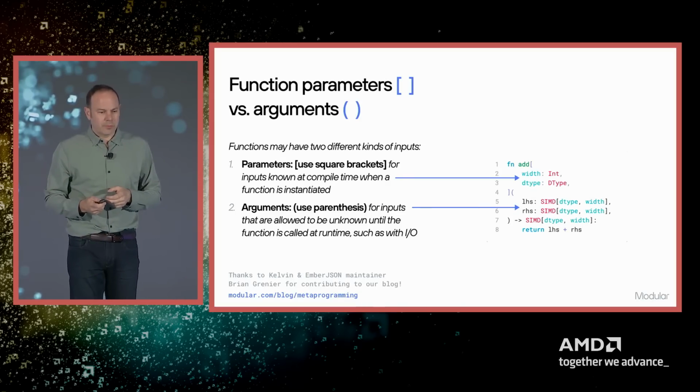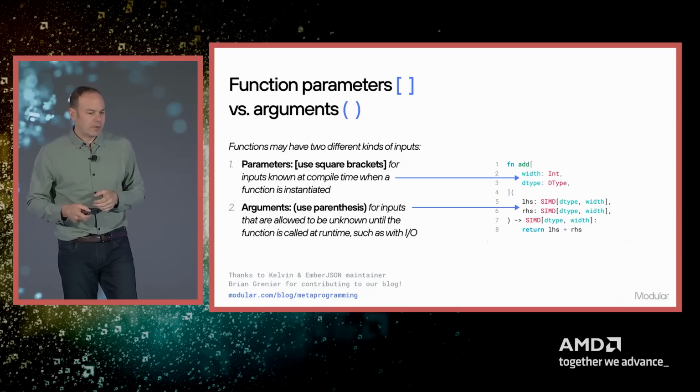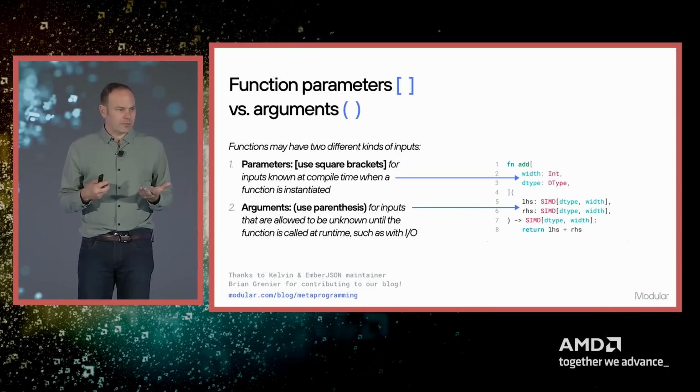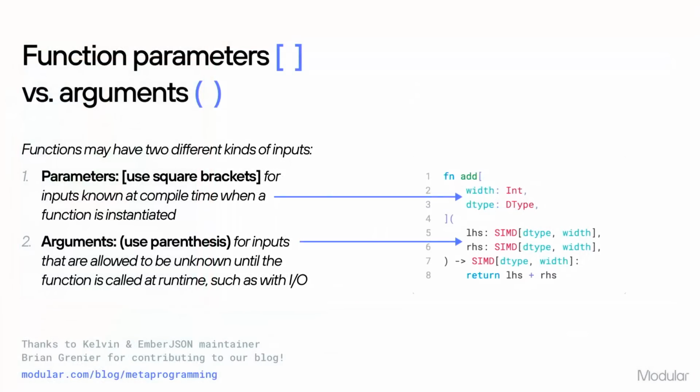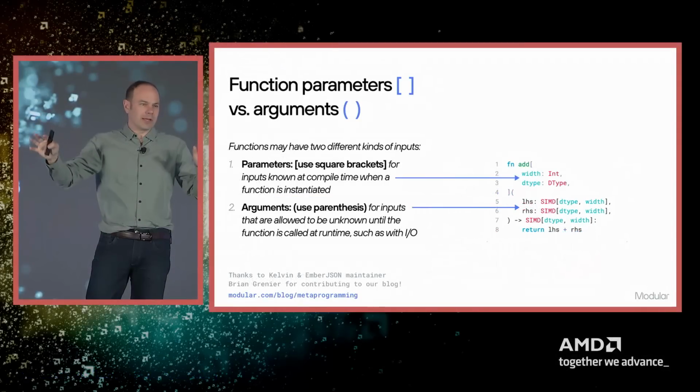Well, let's talk about some of the ways how that works. In Mojo, functions have basically two different kinds of things that they can take. You have arguments. Arguments are normal things. They're the dynamic values that get passed into your program. And then you have what we call parameters. These are things known at compile time. And so values in Mojo can have two different lives. One is provably known at compile time, and one is at runtime, provably dynamic.